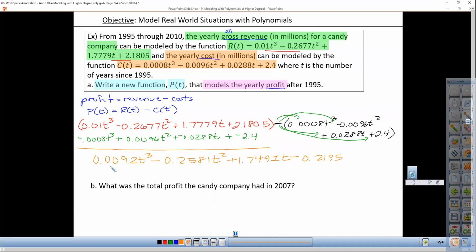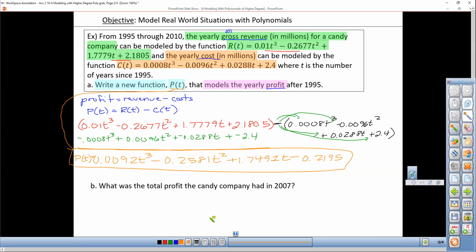And then, again, is what we have in orange our final answer? Nope, not quite, because if it's a function, it needs its name. Its name, remember, is p of t. So I'm going to take that name and put it in front. So p of t equals, and now I have my function for part A. All right, so let's take a look now at part B.